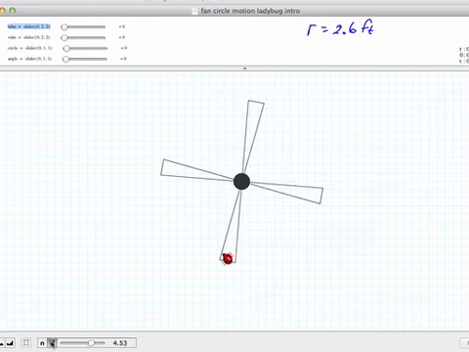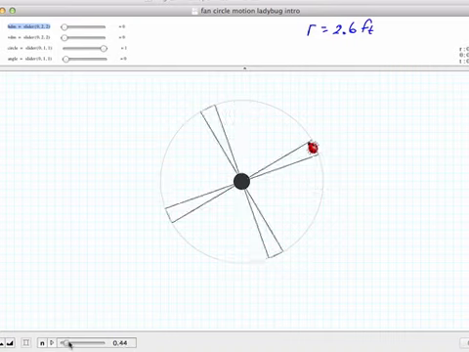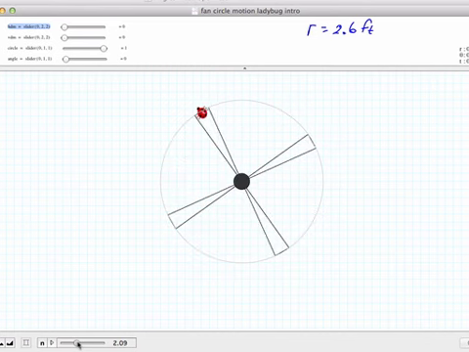So number 2 says, if the bug travels 5.2 feet, first of all, let's draw the circle here. Can you see the circle? Yeah. So if the bug travels along the arc, if it travels 5.2 feet, then what angle measure in radians did the fan turn or sweep out?